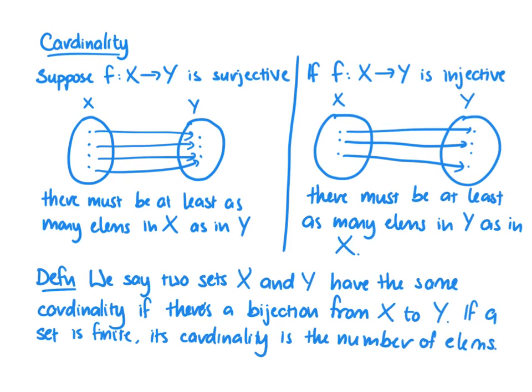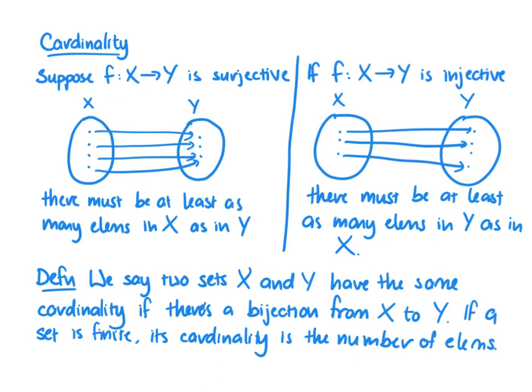Comparing cardinalities of sets is our precise way of comparing the sizes of sets. We only ever say that two sets have the same cardinality if there's a bijection between them, and the discussion before gives some rough idea of why that is.